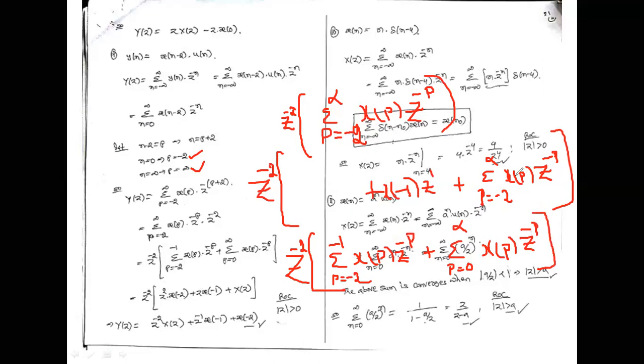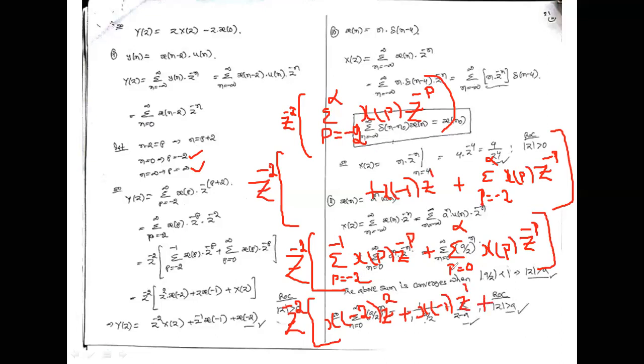x of minus 2 is there, x of minus 2 z power minus 2. So z power minus 2, we can expand these two functions as x of minus 2 z power minus of minus becomes plus z square, plus x of minus 1 z power minus of minus 1.